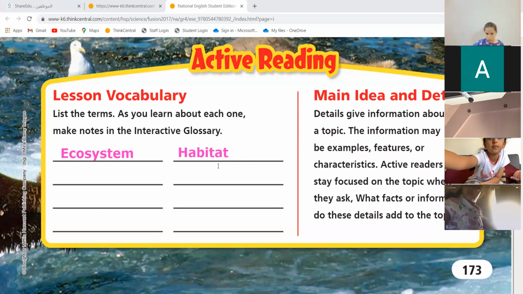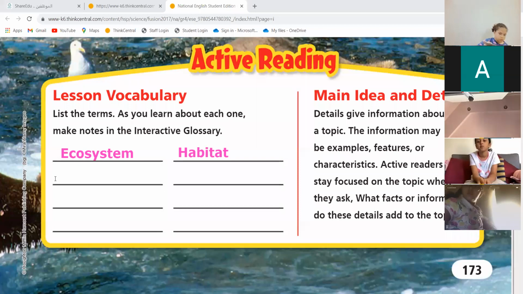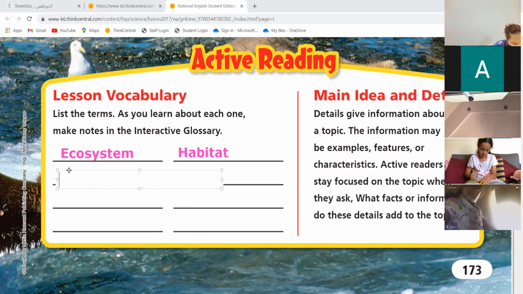Ya Hala. Give me another word highlighted in yellow. You can go through your book from the first page. Habibti, from the whole lesson. We started with ecosystem. See what is next. What's the next word? Oh, okay.